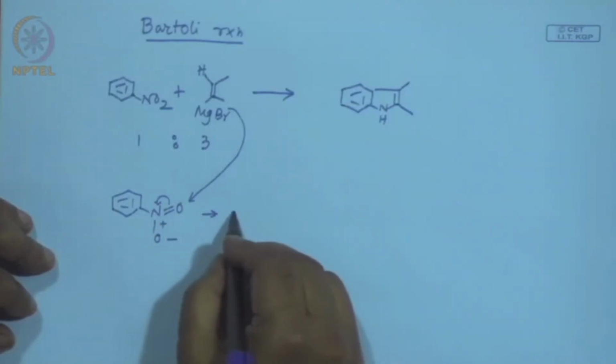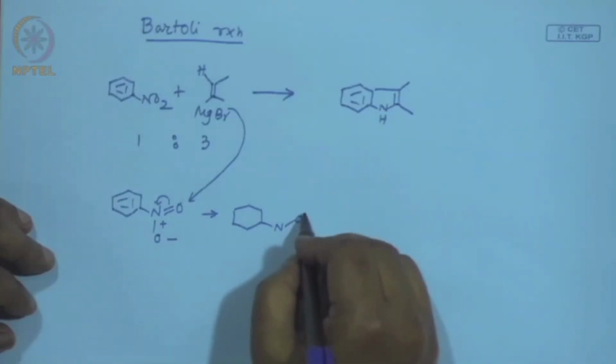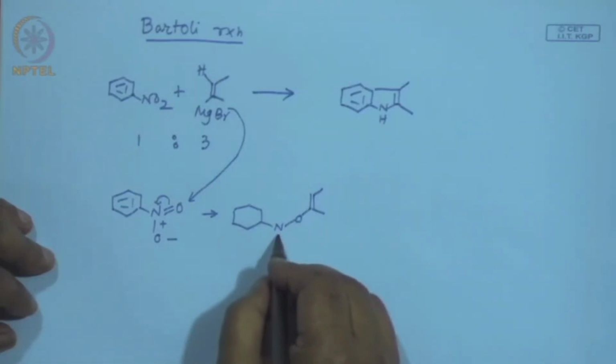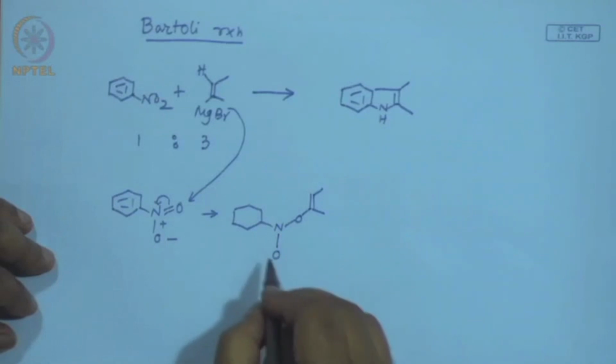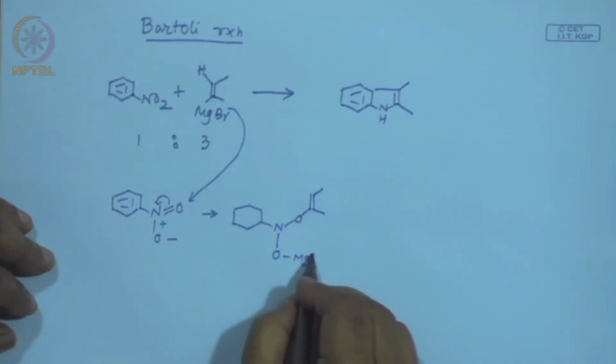So, you get an oxygen-linked vinyl group, nitrogen is now neutralized, and this oxygen is now linked with magnesium bromide.